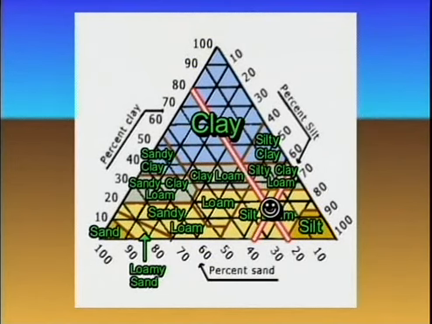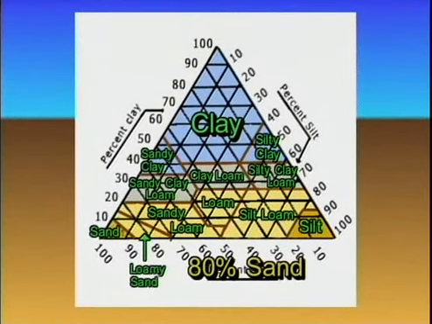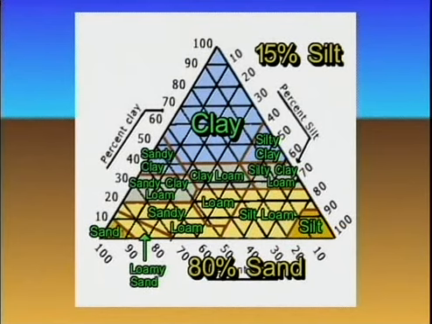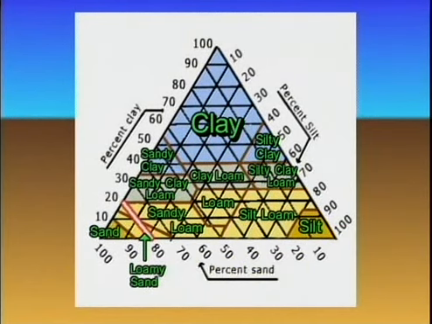The final example, soil number 3, was 80% sand and 15% silt. 80% sand would run along this line from here up to here, so it has to fall over here in this lower left-hand corner. 15% silt is halfway between the 10 and the 20%.